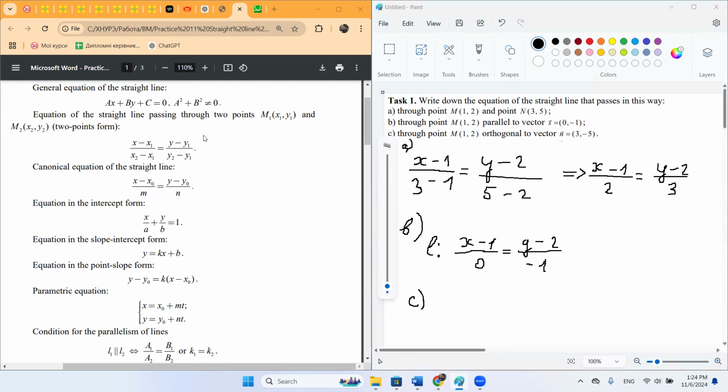We know the normal vector: the line is orthogonal to vector n, which means that it is the normal vector of the straight line.